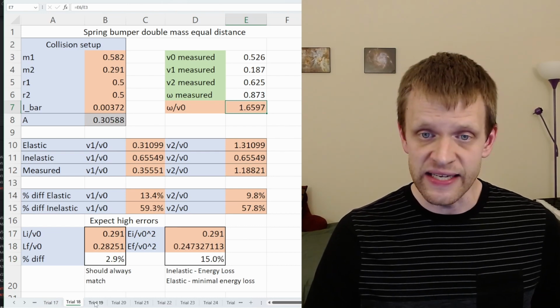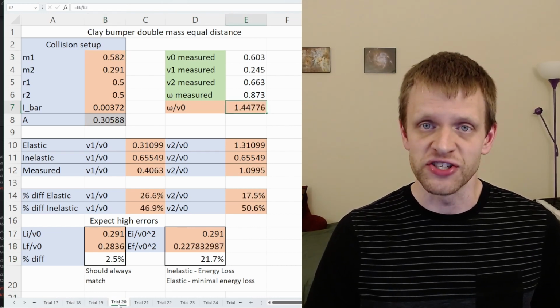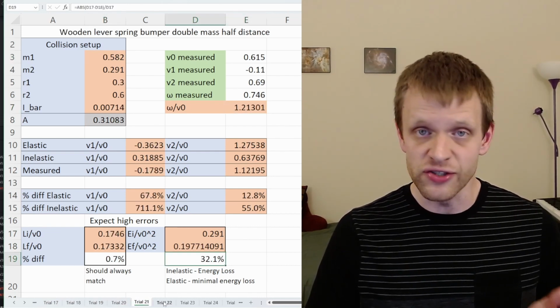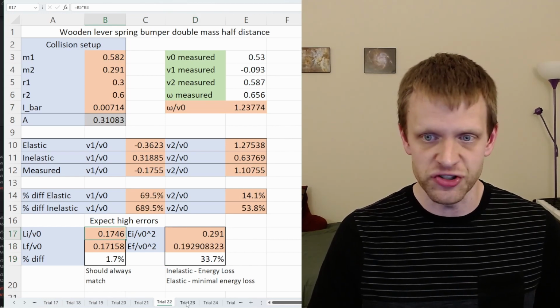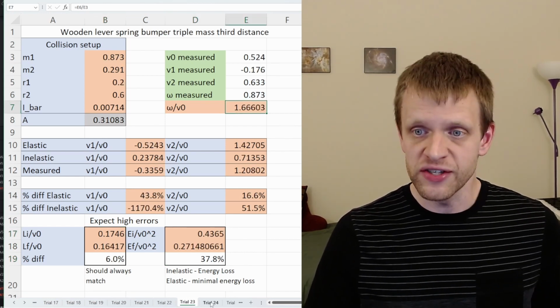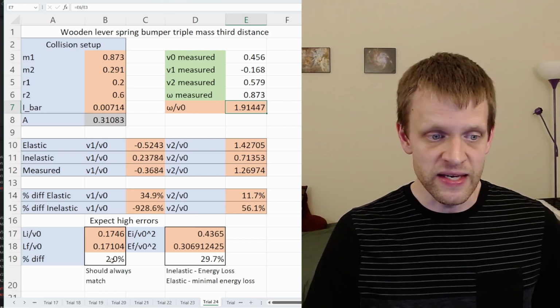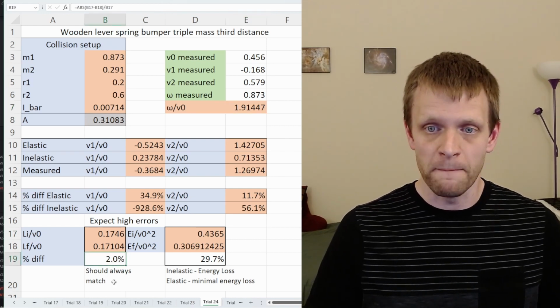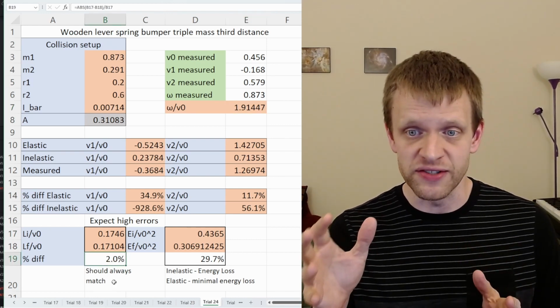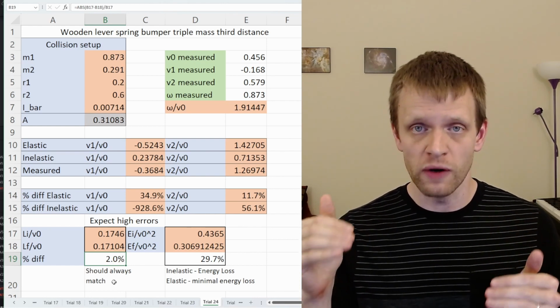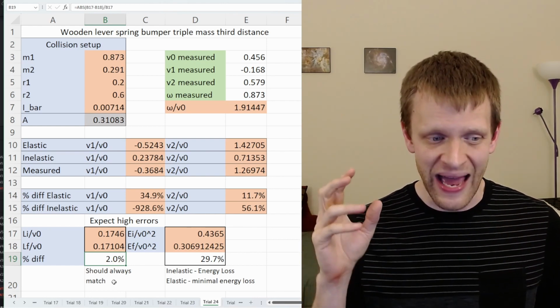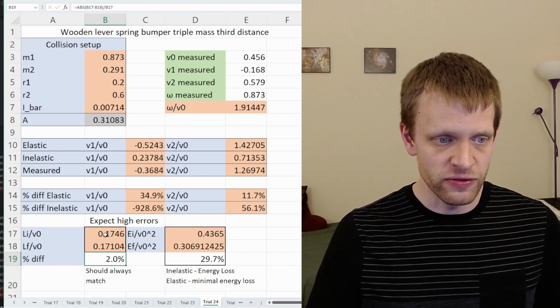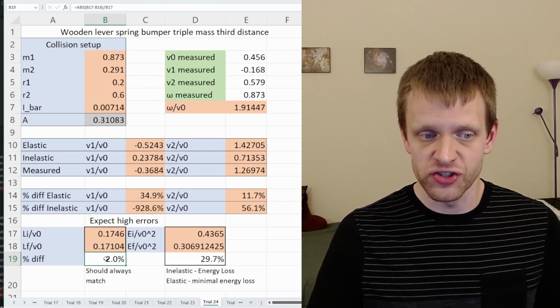Again, this isn't just a claim. This is experimentally verified with these trials to a high degree of accuracy. Of the 26 trials that we did, the initial and final angular momenta matched to within 5% for 22 of those 26 trials. And a full half of the trials had those initial and final angular momenta matching to within 2.5%.